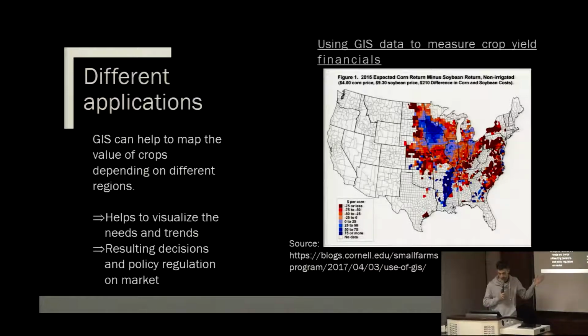So you can see that depending on the region of the United States, the benefits per acre are different, and so depending on this, the state can take some measures or some decisions. So GIS helps with this too. So that's why it's a very interesting way to analyze data. And so yeah, it helps to visualize the needs and trends, and it results in decisions and policy regulation in the markets.